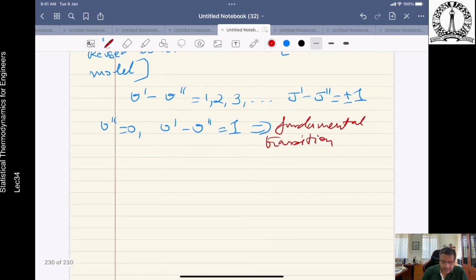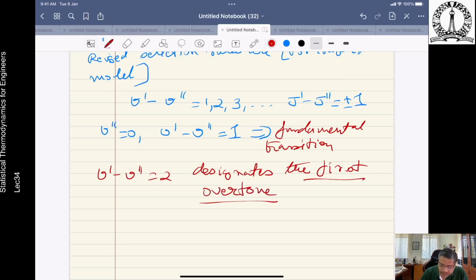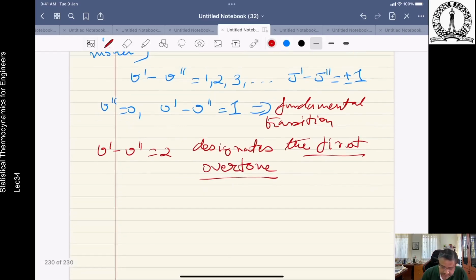On the other hand, V prime minus V double prime equal to 2 designates the first overtone, and V prime minus V double prime equal to 3 designates the second overtone.